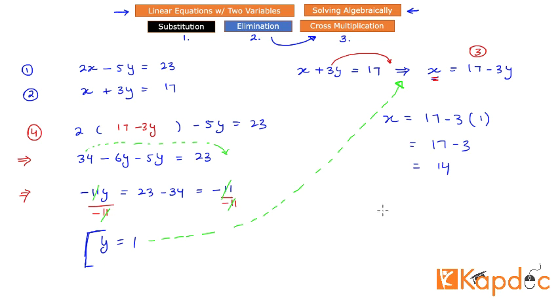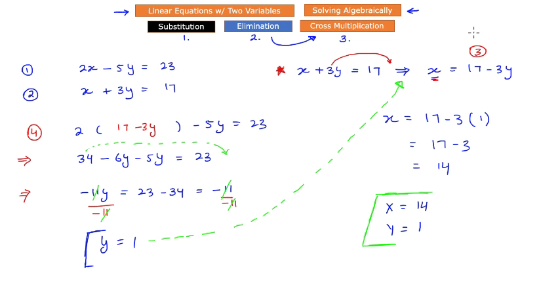So by way of this substitution method, you have obtained your unique solution to be x is equal to 14 and y is equal to 1. As simple as it is. And the steps in this substitution method, if you were to recap this whole thing: number 1, take one of those two equations and define one variable with respect to the other variable. That's what you obtain here in equation number 3.